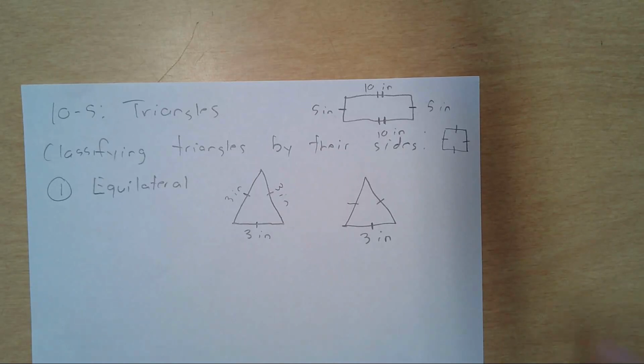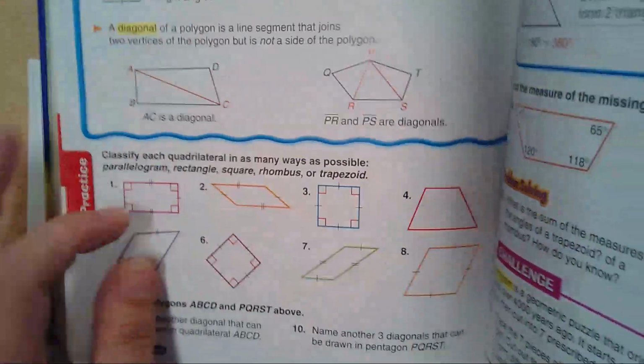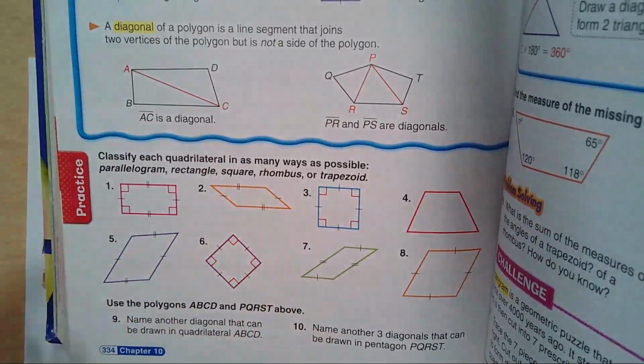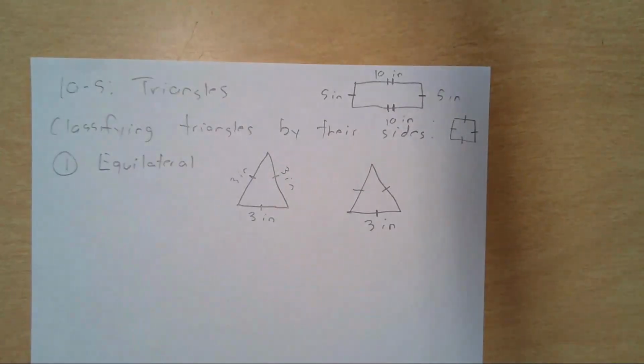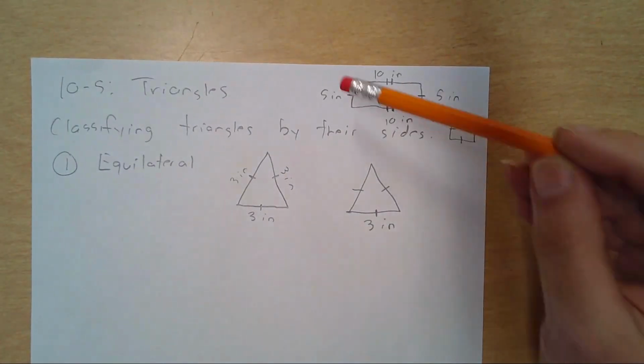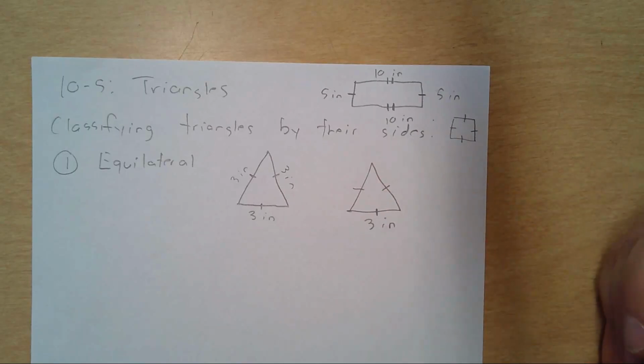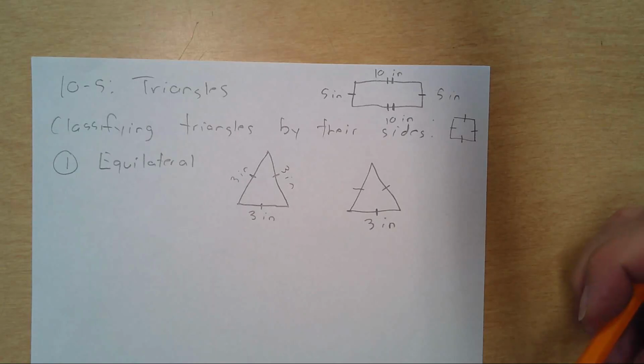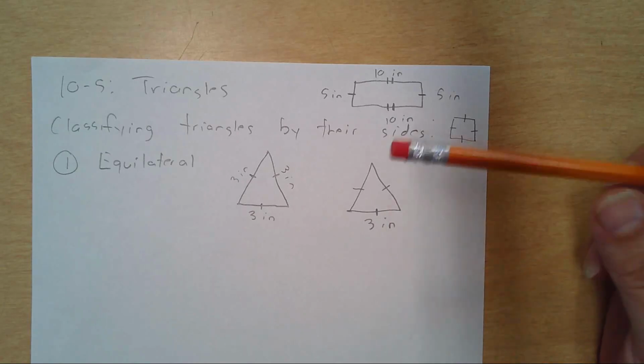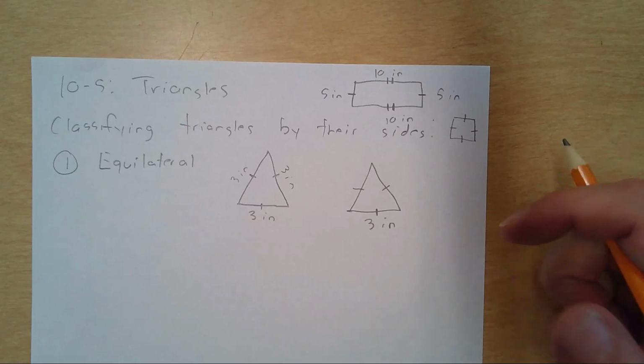Again, we'll see this a little bit more in tomorrow's lesson when we deal with the quadrilaterals, kind of how that works. But basically, anything that has one line has that measurement. Anything that has two lines will be a different measurement than anything that has one line.